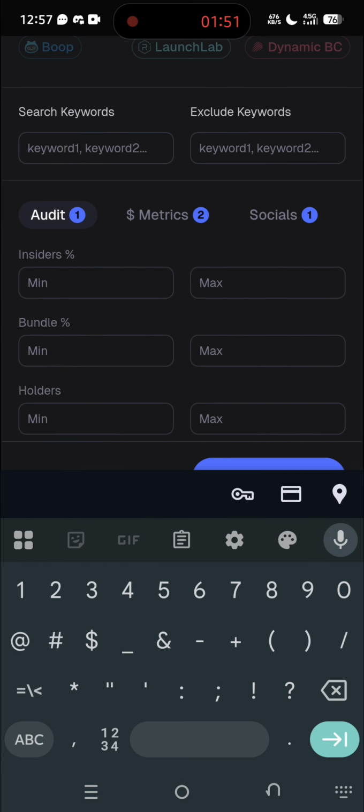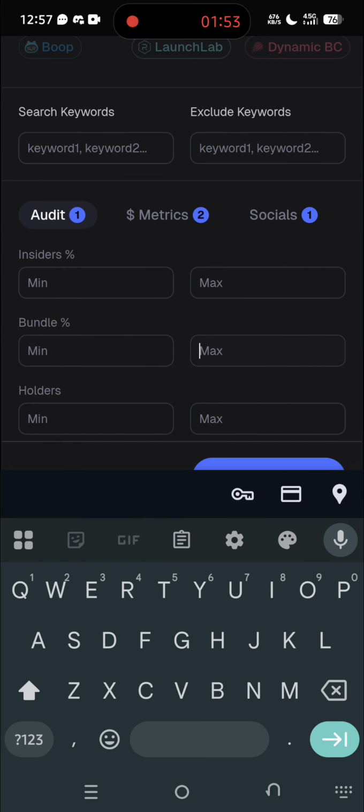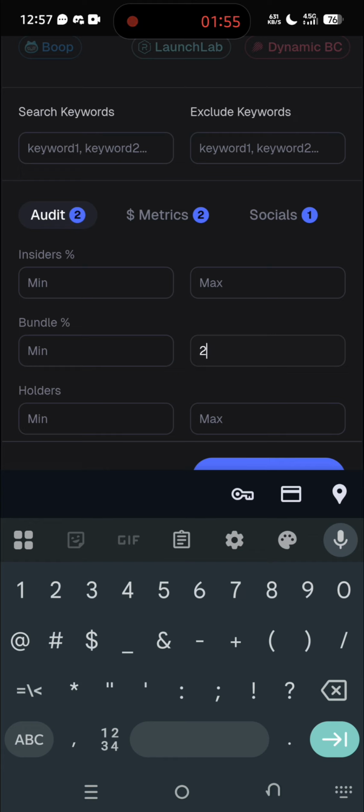Bundle, the same, minimum max of bundle, that is the wallet. Somebody can have like 10 wallets or 20 wallets or 100 wallets, and they'll just click a transaction to buy with one wallet, and the rest of the 99 wallets will just buy. So now they have bundled the token.